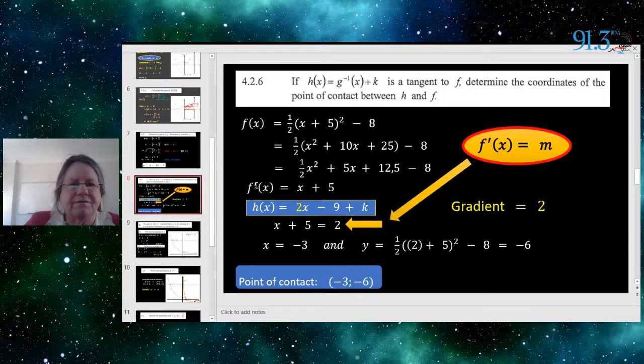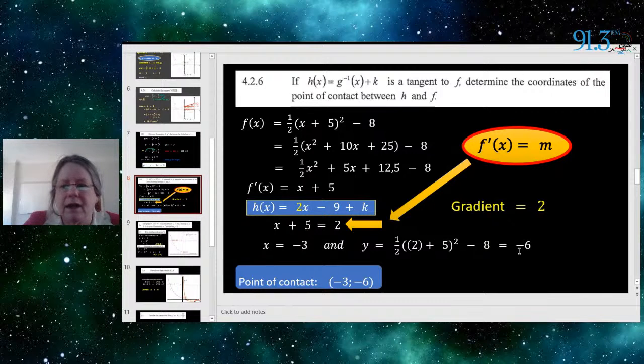The first derivative of function f is x plus 5, and the m equals this 2 over here. And then we just solve for x. x would be negative 3. And to get the y value, we would sub this x into the original function.